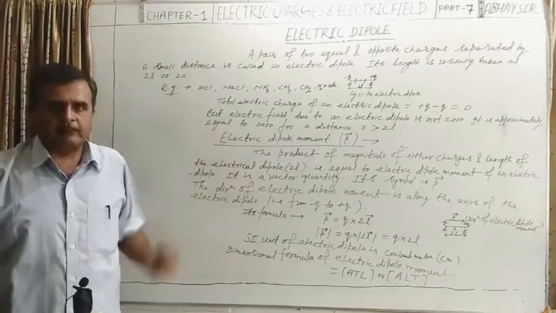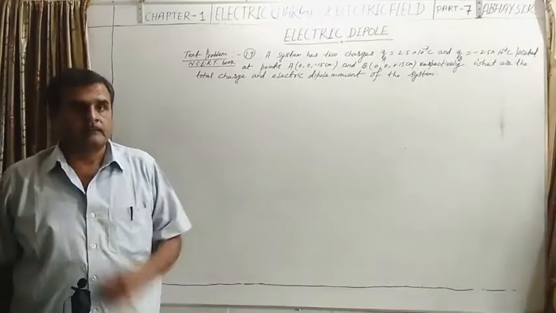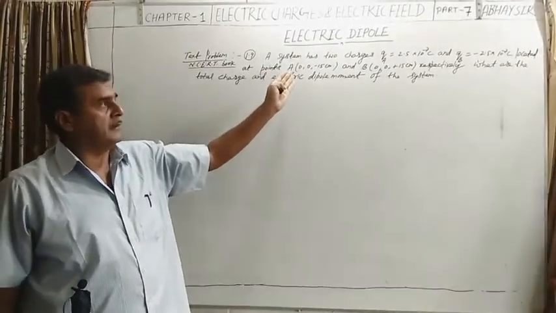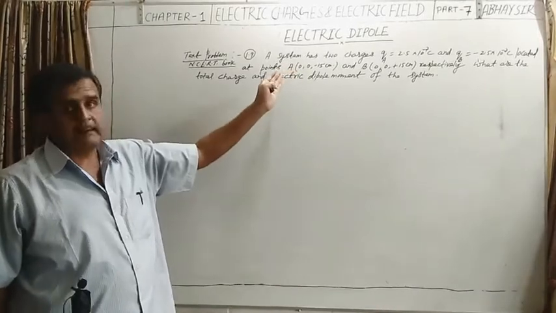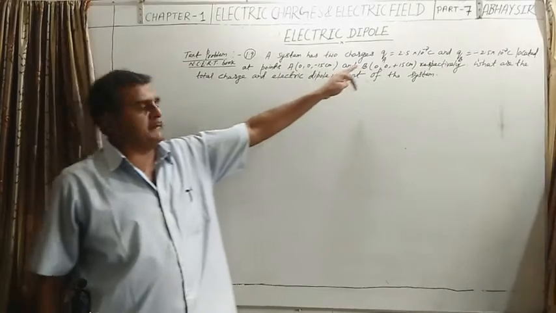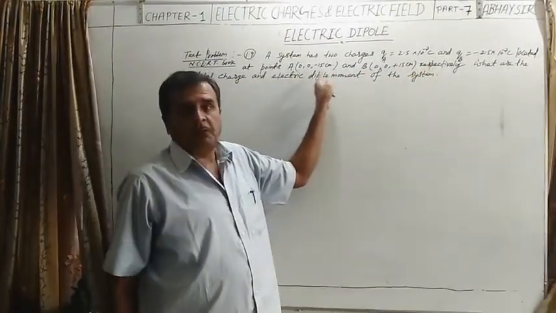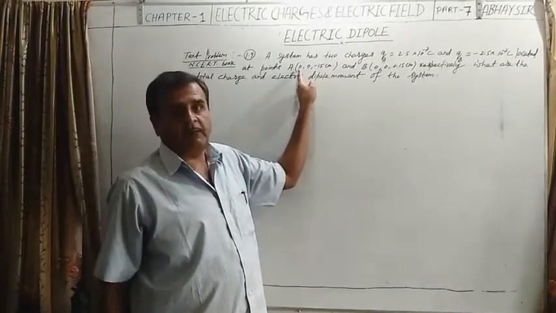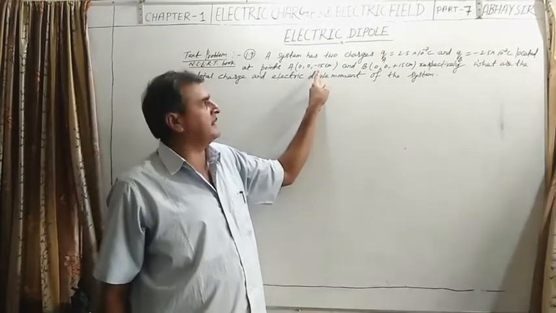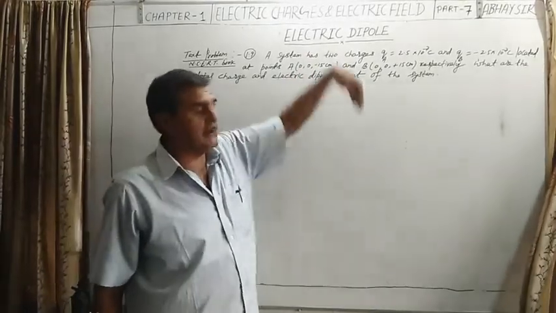total charge of the electric dipole. It is a problem based on the electric dipole, text problem 1.9 of the NCERT book. A system has two charges QA placed at point A (0, 0, -15 cm), meaning x coordinate 0, y coordinate 0, and z coordinate -15 cm, along the negative z axis.